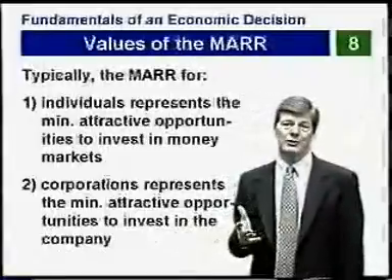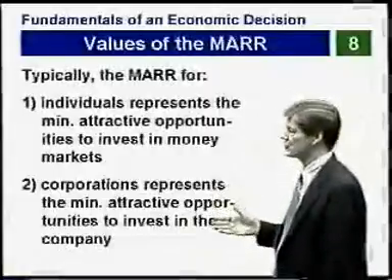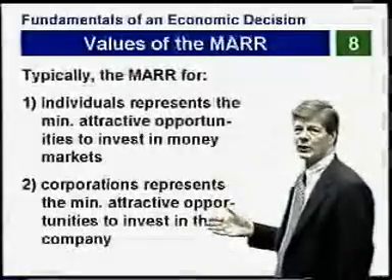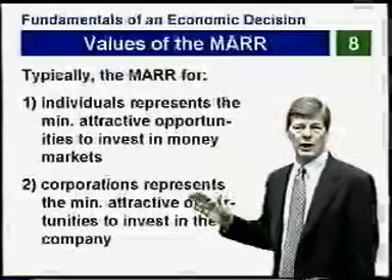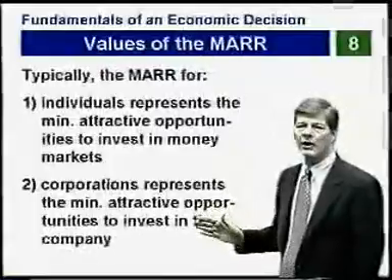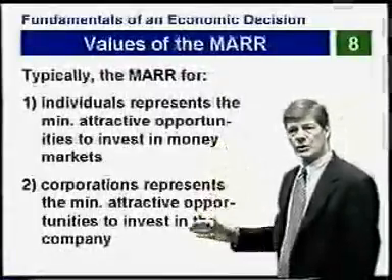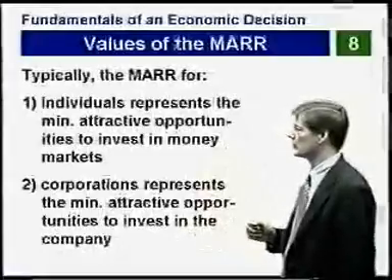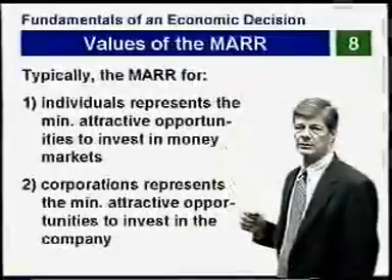Now, from a stockholder's point of view, hopefully it makes sense to you that a company would not set its minimum attractive rate of return equal to what it could get in the money market. As a stockholder, why would you invest in a company that's producing a return no better than what you could do yourself in the money market? For most corporations, the minimum attractive rate of return typically is greater than what you could get in the money market.